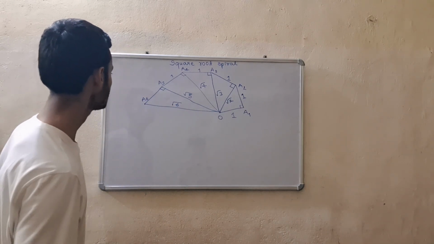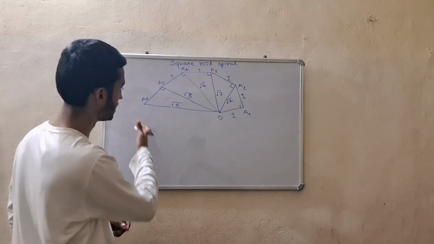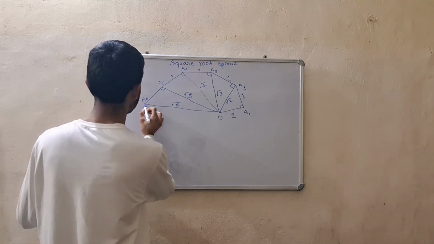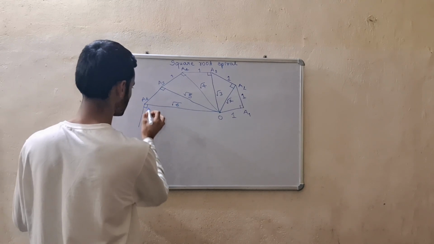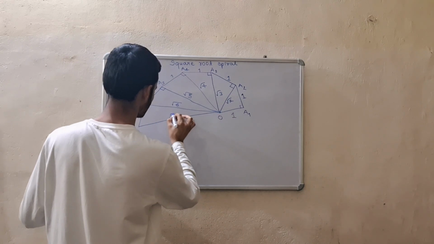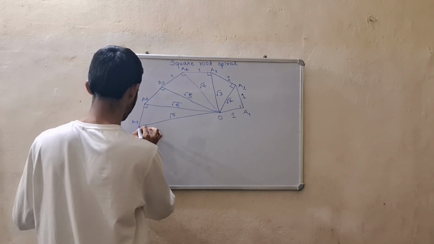So let me draw some more hypotenuses. Then we draw another perpendicular line segment, join it, call it A7.